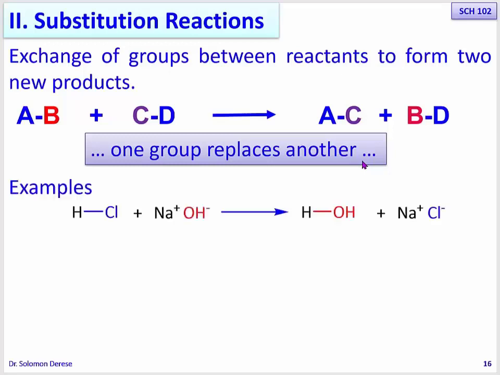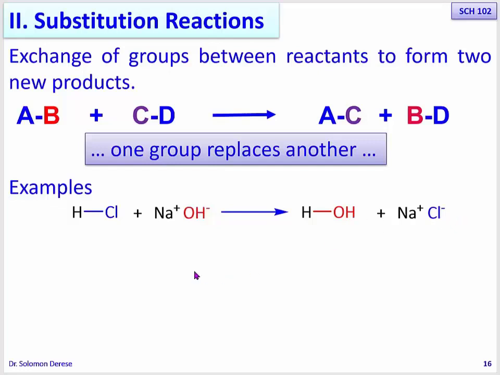The first example I'm going to give you is a reaction you are very familiar with from your chemistry studies in high school. You remember in high school we studied the reaction of a base with an acid. When you react a base with an acid, you get water plus salt. This is an example of a substitution reaction.